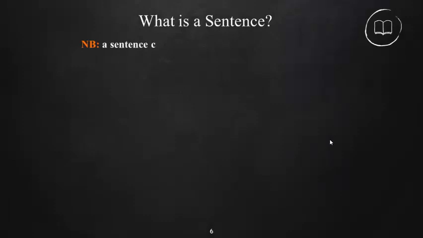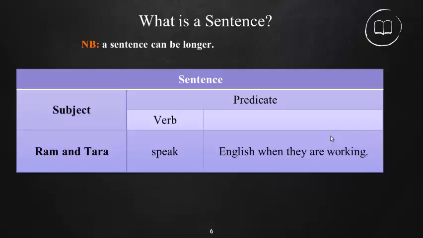Now we should consider that a sentence can be longer, such as this. Ram and Tara speak English when they are working. So the two components in this sentence are subject and predicate. And the verb is part of the predicate. And the predicate contains the rest of the words, which are English when they are working.